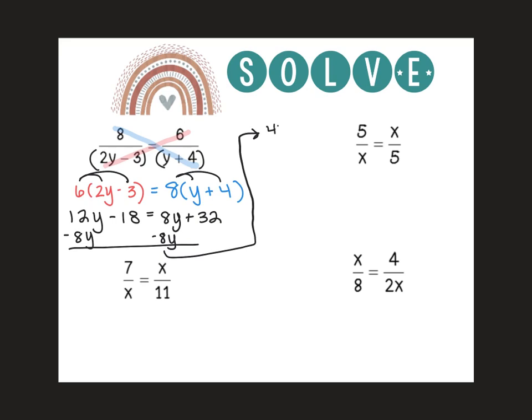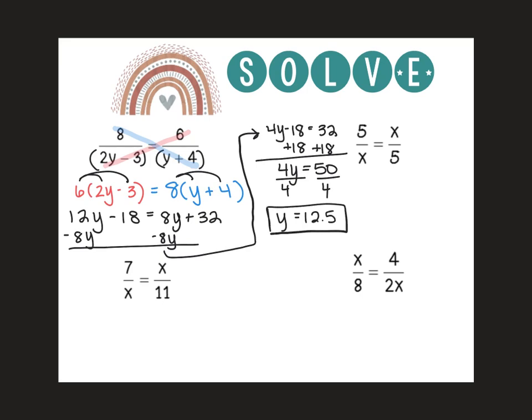So I'd have 4y minus 18 equals 32. Add 18 to both sides. I get 4y equals 50. Divide by 4. When you do the division, you get 12.5. Again, completely fine to get decimals for answers, just don't round.